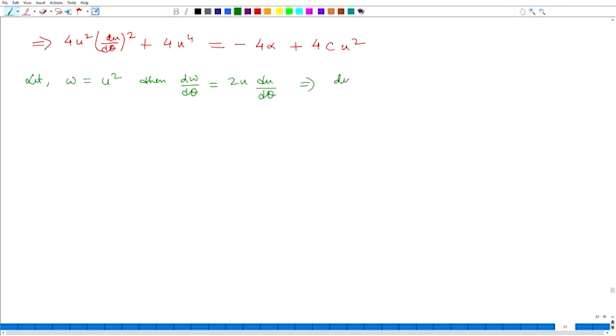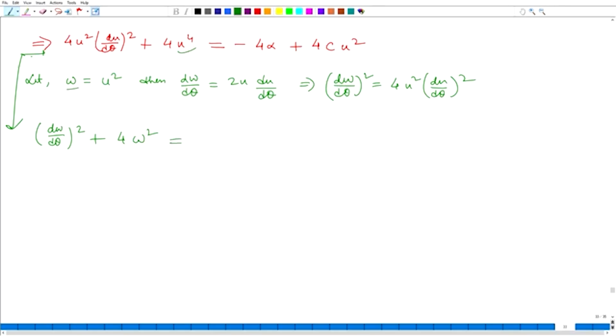And then of course, (dW/dθ)² will be simply 4u² (du/dθ)². That much I can write. So this equation finally comes to be (dW/dθ)² plus 4W², because u⁴ is nothing but W², is equal to minus 4α plus 4C W.